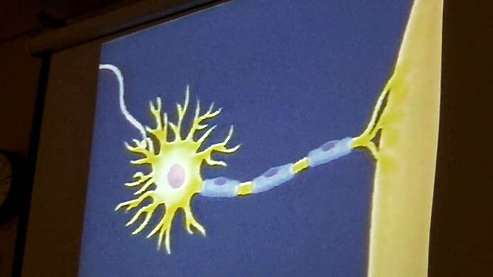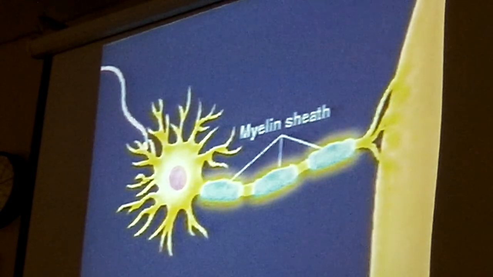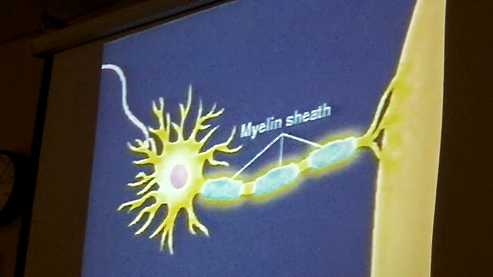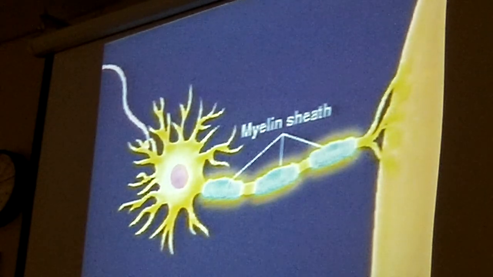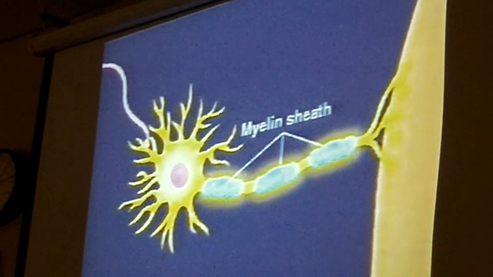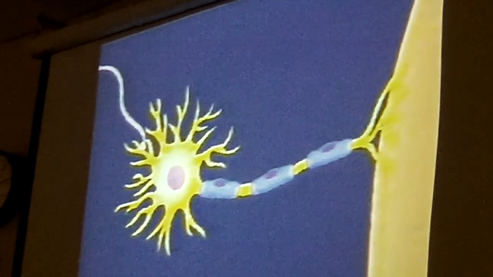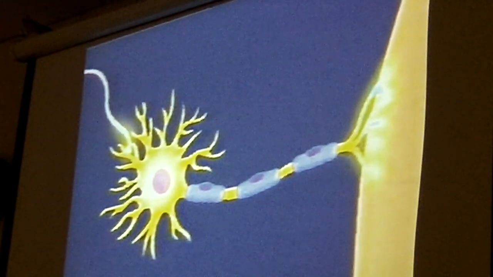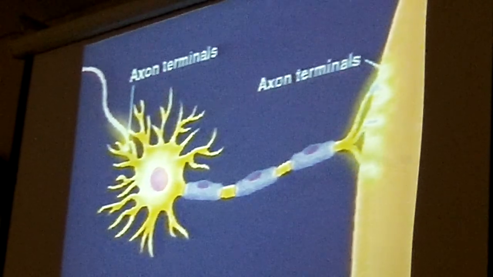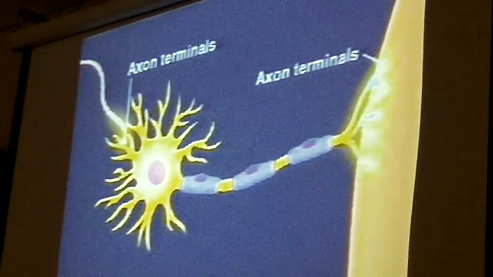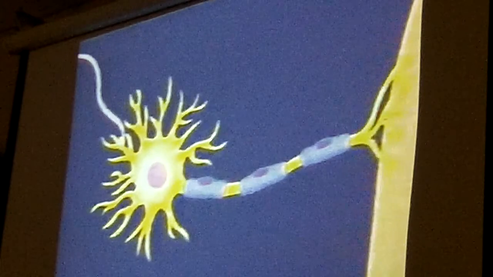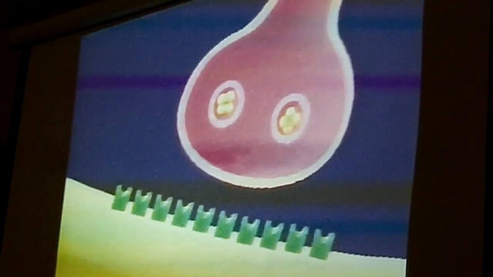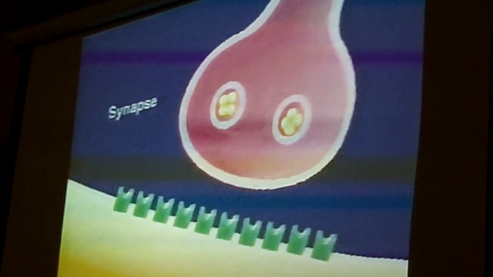Axons are frequently surrounded by a myelin sheath that helps signals travel very rapidly, sometimes reaching speeds of more than 100 meters per second. The long axon ends in several short branches tipped with enlargements called axon terminals. The junction where the axon terminal from one cell meets another cell is called the synapse.